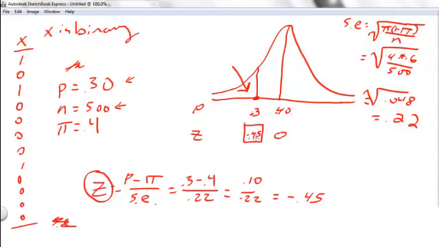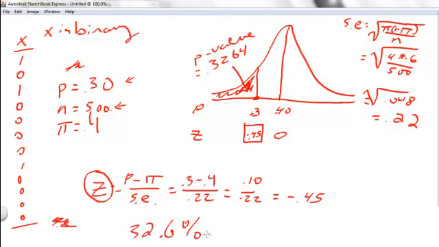Okay, we go to our z table and we figure out that the p-value at that point is 0.3264. So that's the p-value in here at 0.3, z of minus 0.45. And it tells us if we were to take a sample of 500, what's the probability that we would get a sample proportion of 0.3 or less? And the answer is 32.6% is the probability that that would happen.